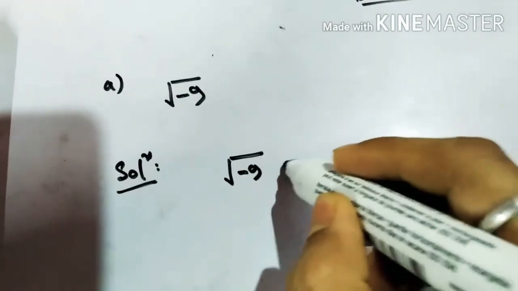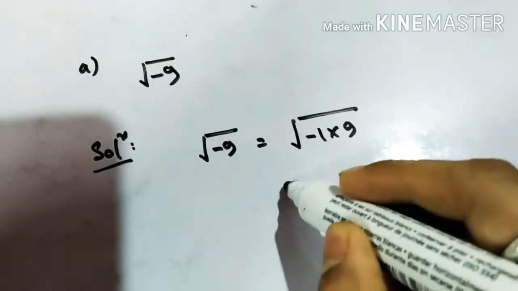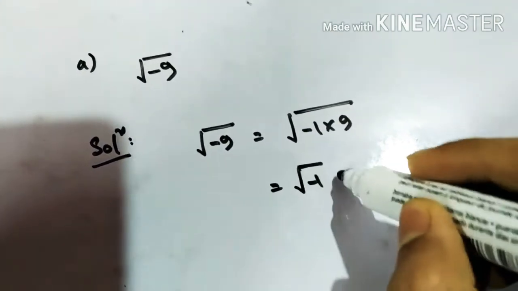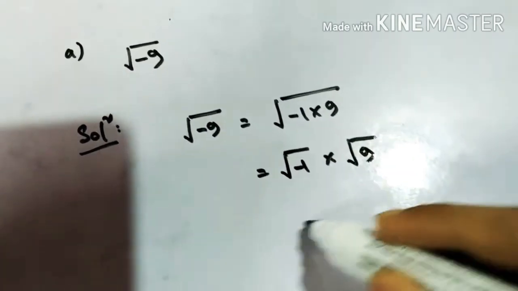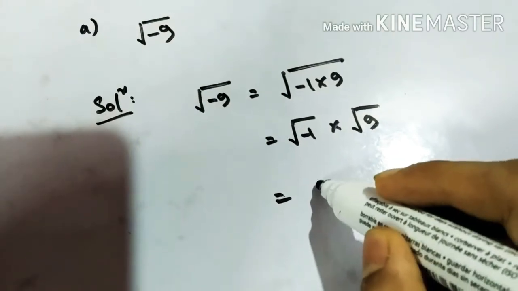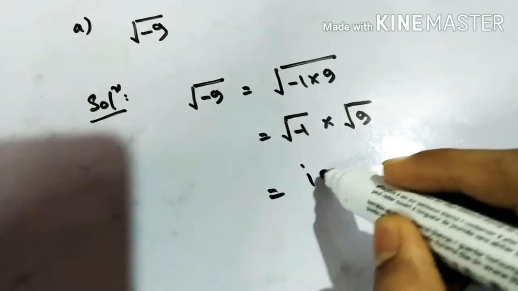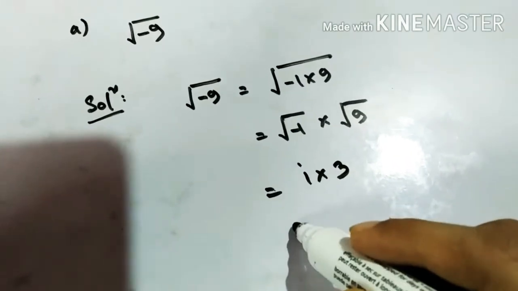So in here, root over minus 9, I can write it as root over minus 1 into 9, which becomes root over minus 1 into root over 9. Root over minus 1 is i, and this will be 3.